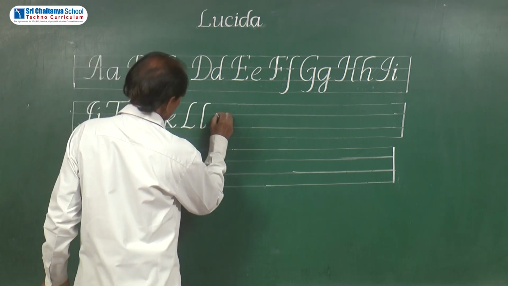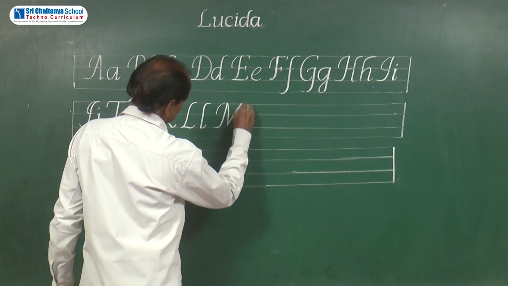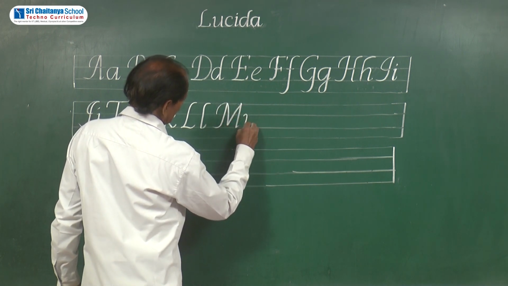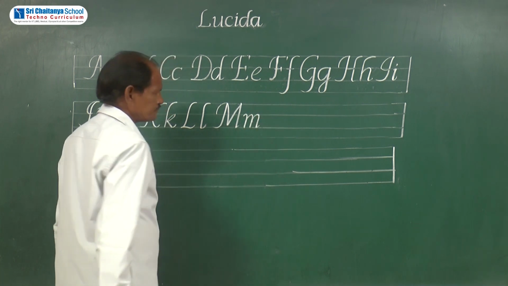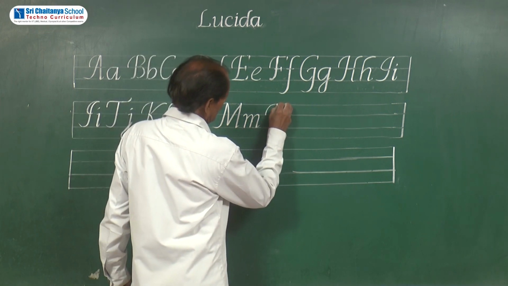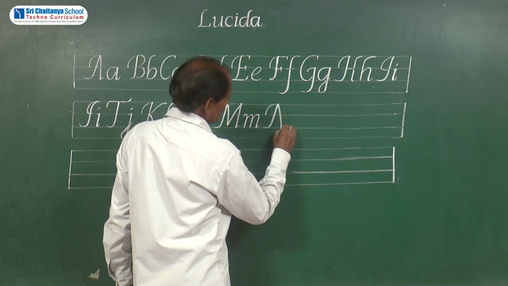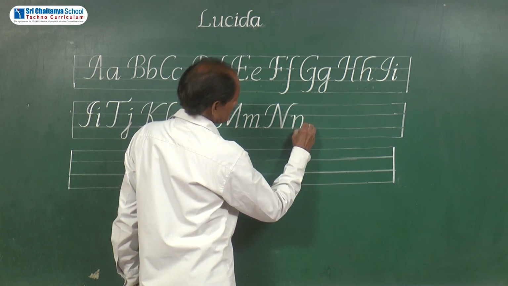Capital M and small m. Capital N, it is the stroke letter, and small n is the middle zone letter.